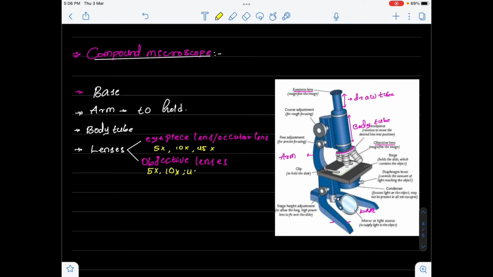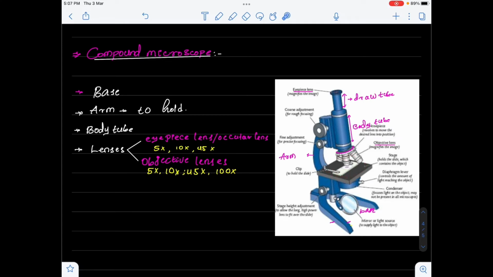It will also be 45x and 100x. Not all the objective lenses have the same magnification power, they have different magnification powers, right?